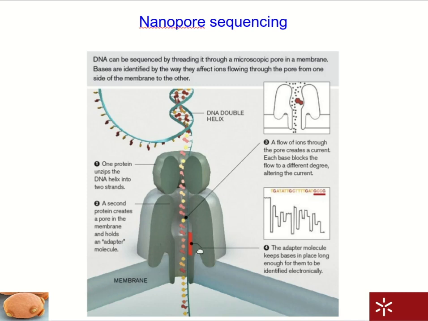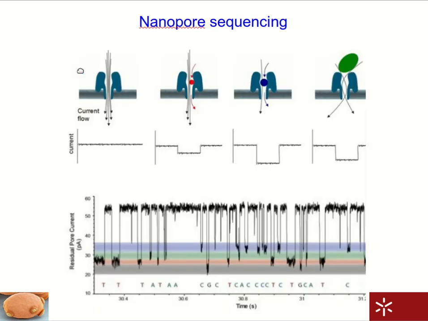You have this whole thing set up in a membrane that is resistant to electrical current, so you can actually measure electrical current through this pore. And this electrical current depends on the DNA that you push through. This is the principle of detection using the Nanopore technology.